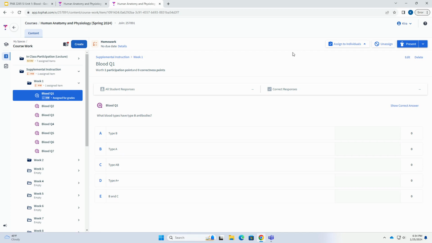Okay. So what type of blood types have B antibodies? Oh, cool.